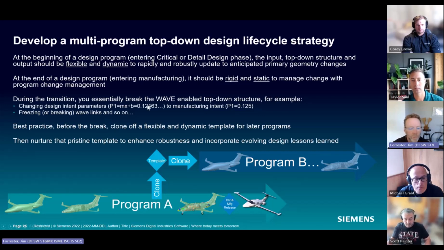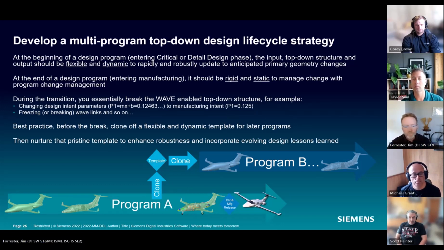An example being here, where the radius of a fillet in the pocket of some hog out is being driven by an equation, and it goes off forever. But when you want to make that part, you want to hard code that to some standard size. And in this case, going from this 0.12463 to 0.125. You've hard-coded that. You've essentially broken that driver-driven relationship.